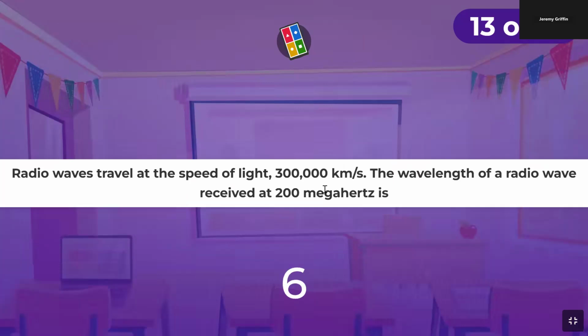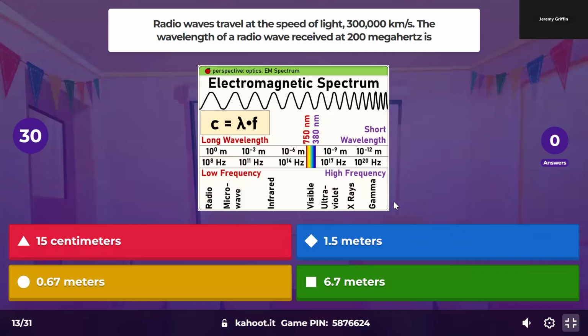Radio waves travel at the speed of light. What is the wavelength of a radio wave received at 200 megahertz? You have to do some conversions here.